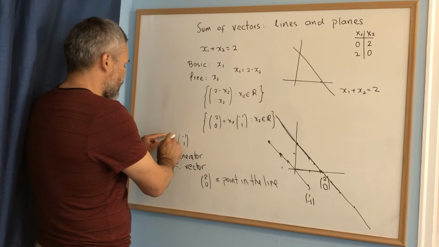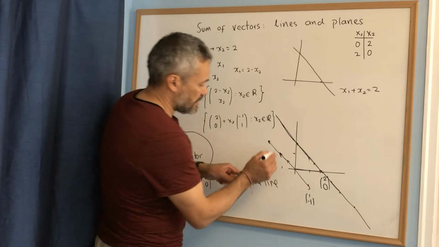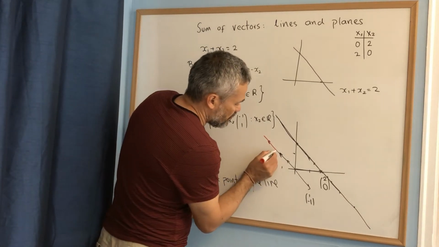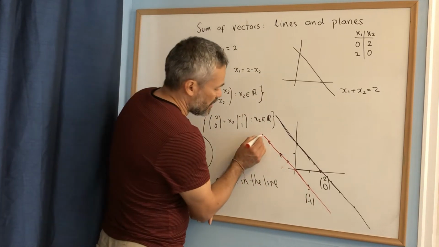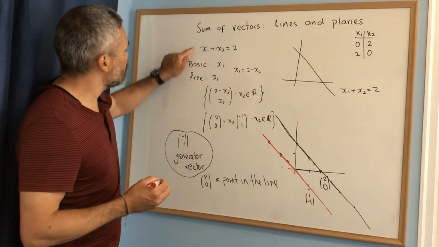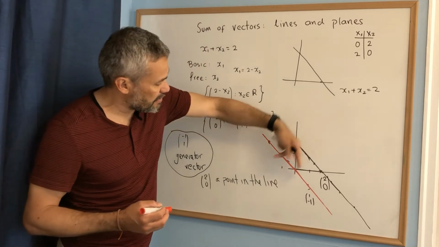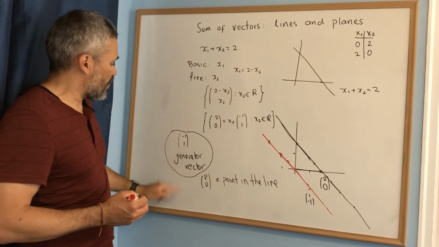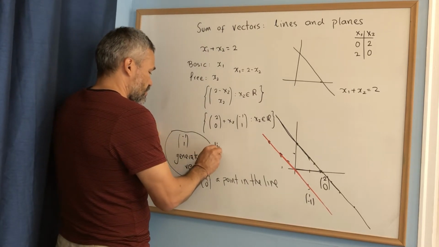Notice that the generator vector generates this line. When you think about all the multiples of (negative 1, 1), you get this line, and our line that is the solution of this system, in this case just one equation with 2 variables, is a line that is parallel to this line generated by the vector (negative 1, 1). We also call this vector a direction vector.